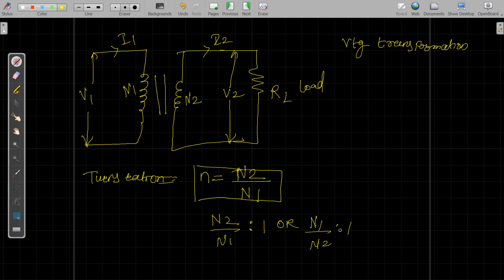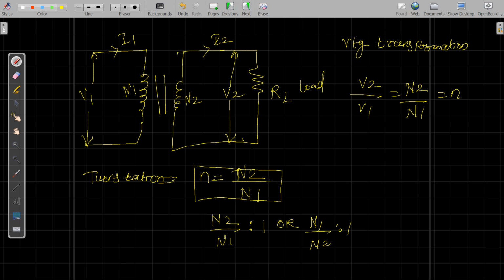That means the transformer can be a step up or step down transformer. Secondary voltage divided by primary voltage equals the number of turns in the secondary divided by the number of turns in the primary, which is the turns ratio.